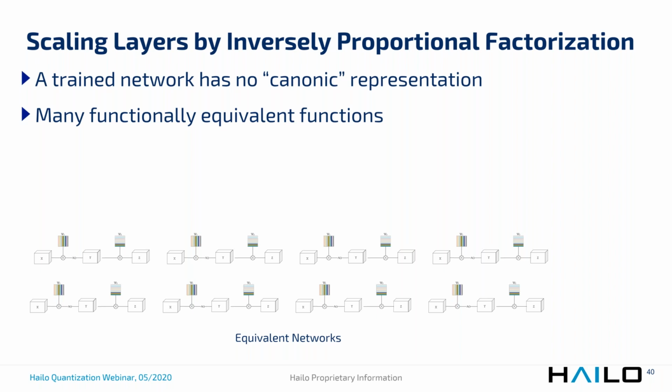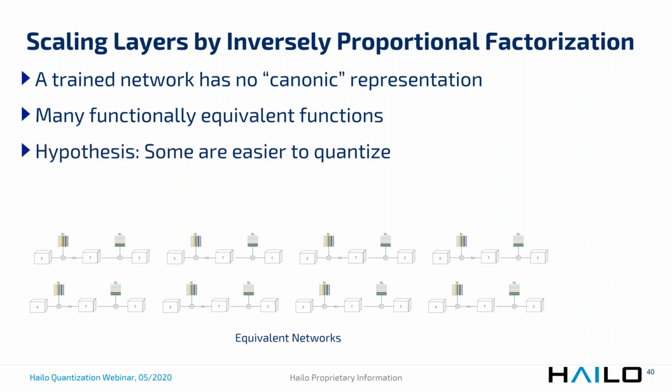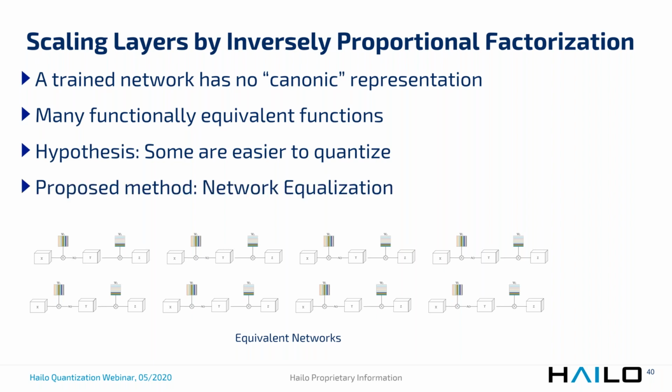I like to think about it as if a trained network has no canonical representation. There are many functionally equivalent arrangements of weights that we can find by using this inversely proportional factorization, and they are completely equivalent but have different arrangements of weights. So we have this hypothesis that some of these configurations are easier to quantize, or are going to have better performance after quantization. And our method, which is network equalization, is going to help us find these configurations which work well with quantization.